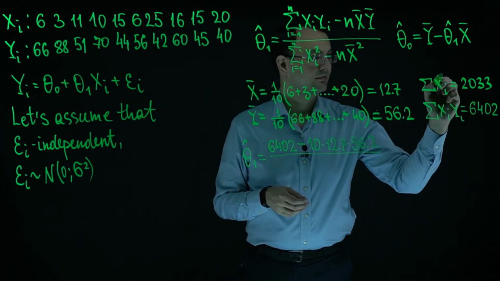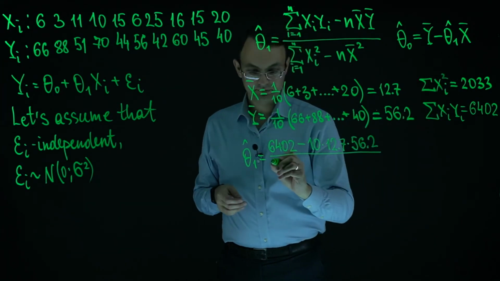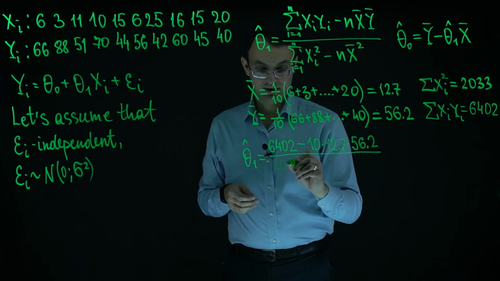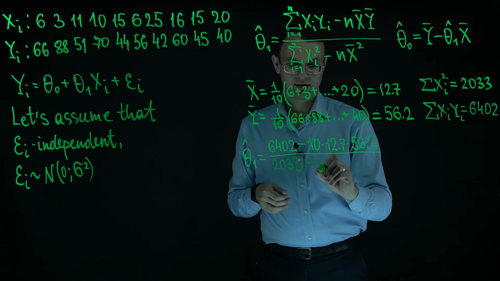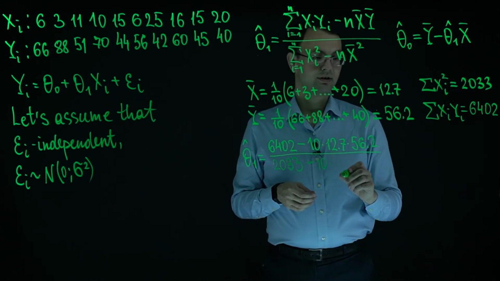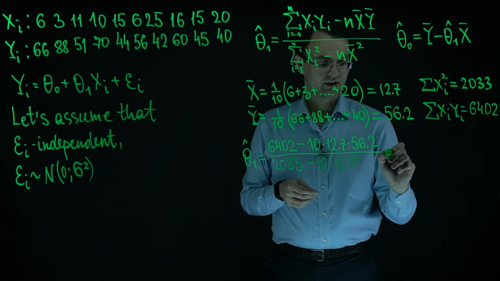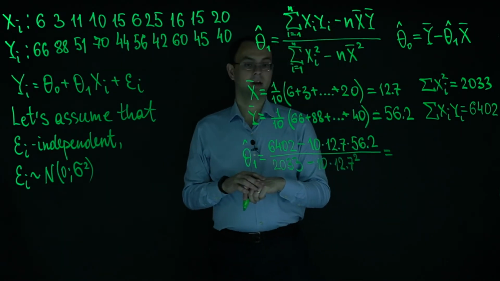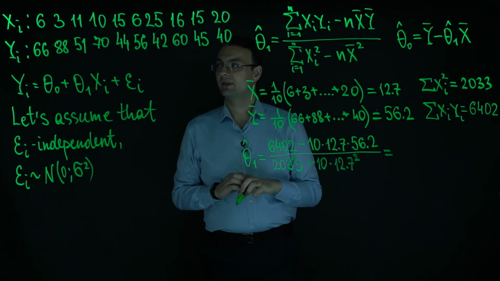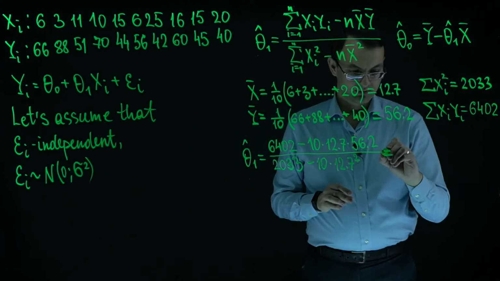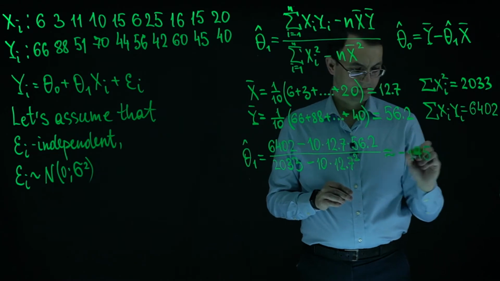Oh, I have forgotten the square here. So 2033 minus 10 times x bar squared, 12.7 squared. And after doing all necessary calculations, we see that this is approximately minus 1.75.